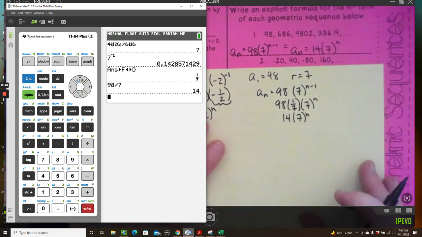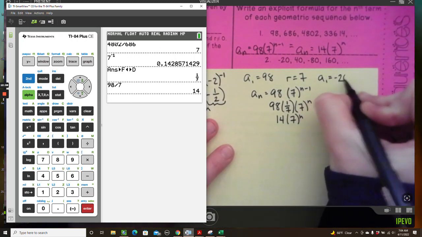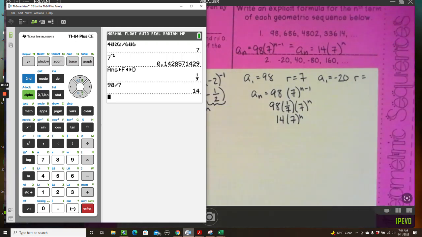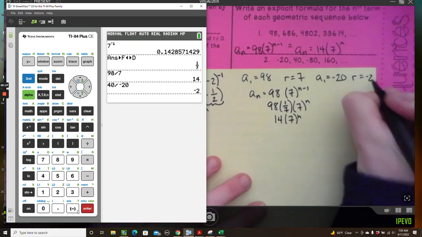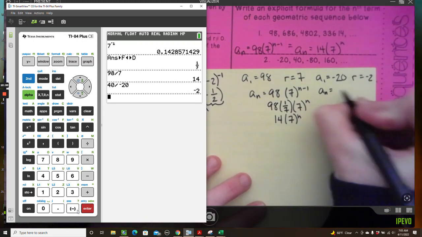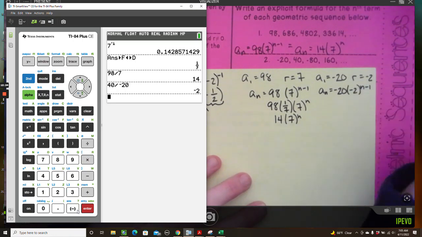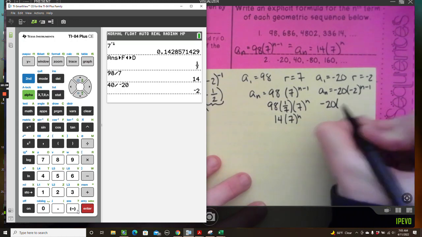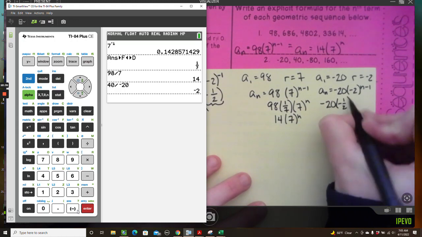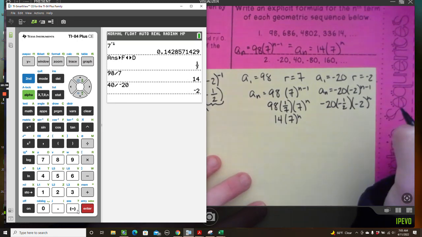Okay. All right, on the next one here, a of 1 equals negative 20. R equals 40 divided by negative 20, so negative 2. That's our R value. So a of n equals negative 20 times negative 2 to the n minus 1. Negative 2 to the negative 1 is a negative 1/2, and then times negative 2 to the n.